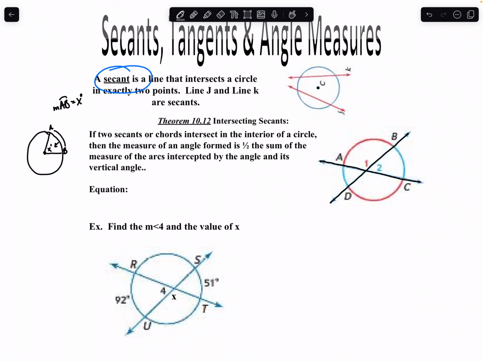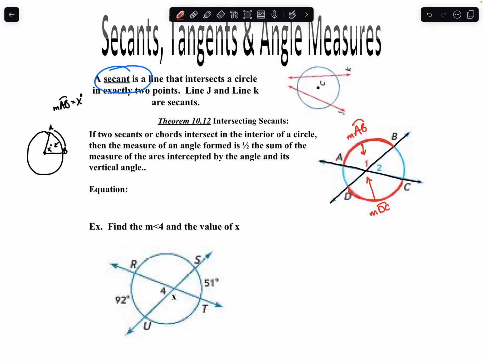When this happens, if you can see the color coding, angle 1, the red angle, the arc AB, and this arc DC are related in the sense that they both measure something. Whatever the measure of arc AB is, I'm going to put this in red, and whatever the measure of arc DC is, angle 1 will be somewhere between these two measures.